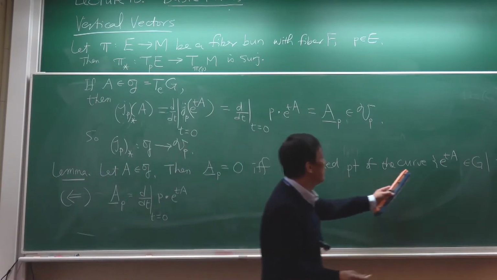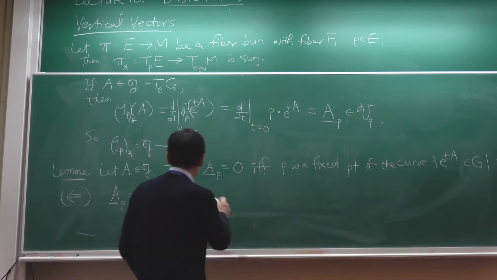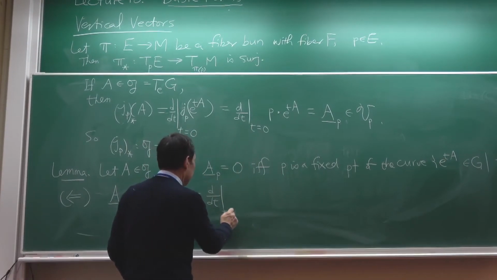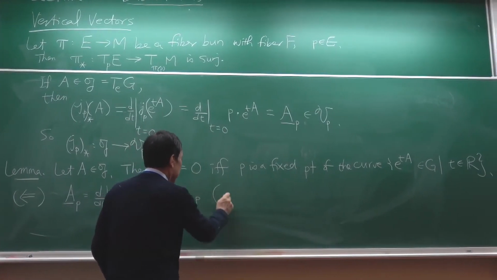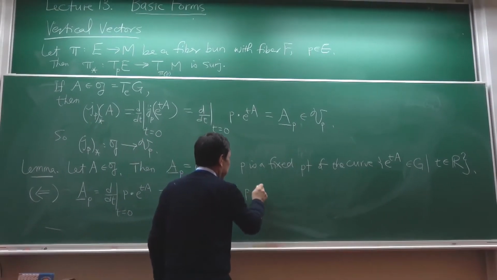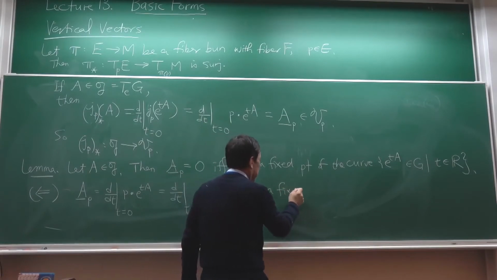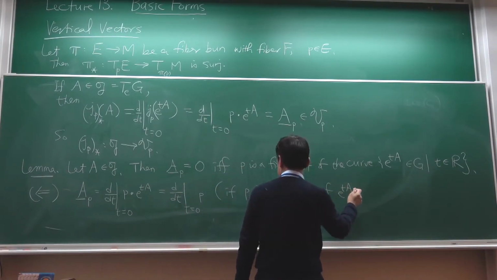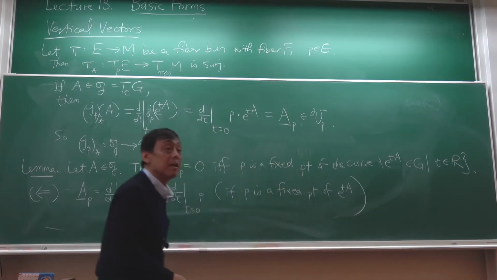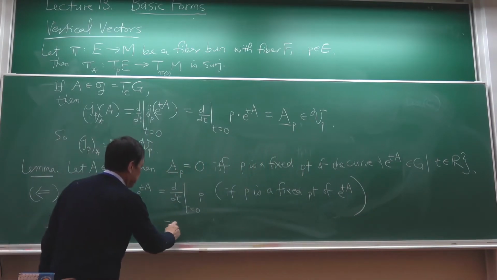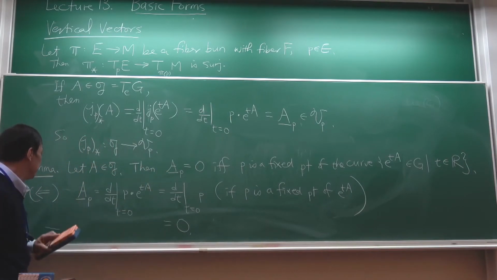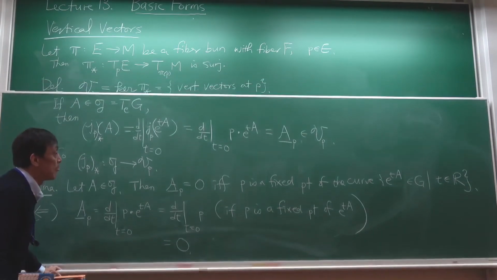And if p is a fixed point of e to the tA, then you are just differentiating the constant p, and this would be 0. So if you have a fixed point, then of course the fundamental vector field will vanish there.